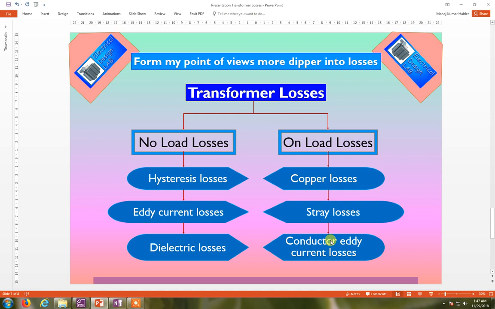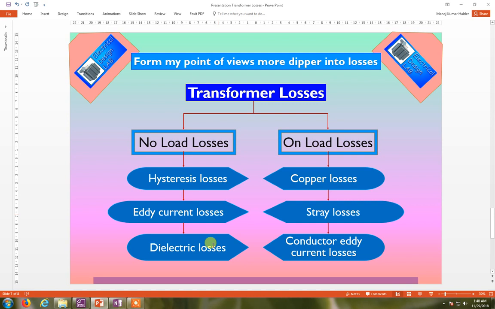This is not interesting. Next you will learn more about it. From my point of view, if I go deeper into the losses, I will categorize the whole losses into two categories. Why? Because our transformer may have two states when we connect it to the power. It may stay in no load, that means the secondary load is not connected with the transformer, and on load, that means the secondary load is connected with the transformer. When the transformer is not connected with the load, that means no load condition, the losses are hysteresis losses, eddy current losses, and dielectric losses.